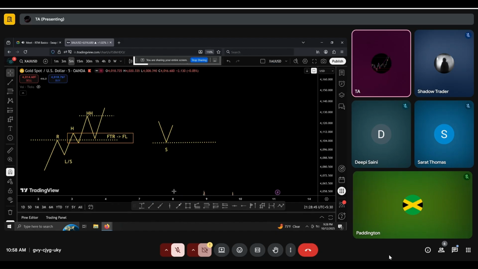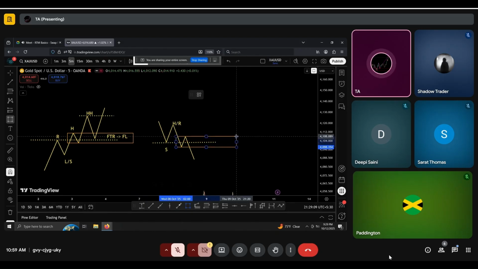Price goes up, creates a high, or we can say this resistance. Then price comes back again, crosses this support level, pulls back and goes down again. Now FTR is formed. We call this FTR.